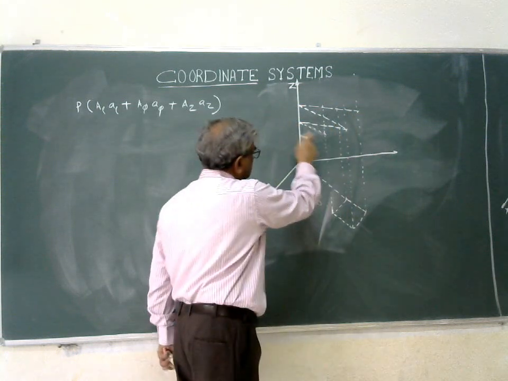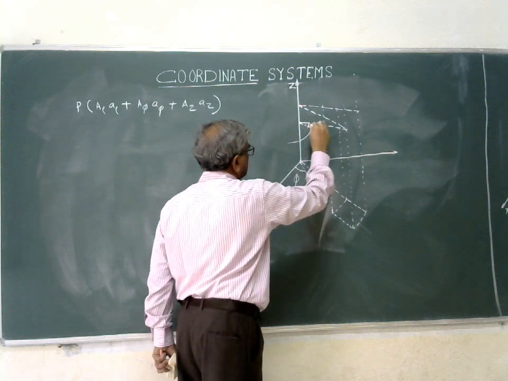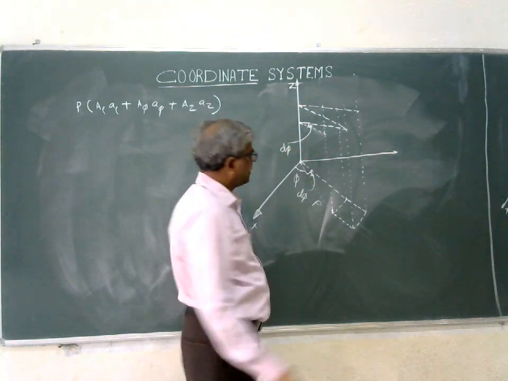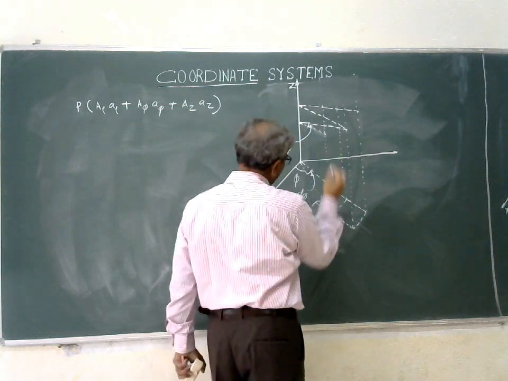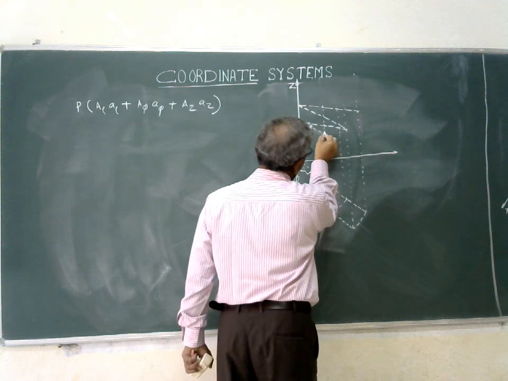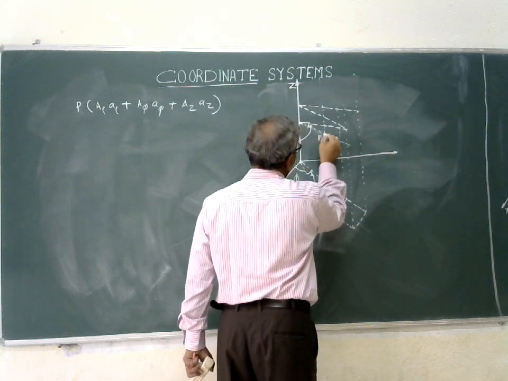So this is the same length and the angle is d phi, and this one is d rho. So this is point P.